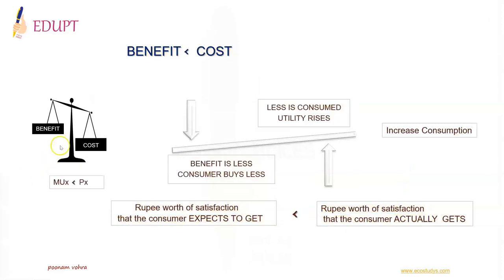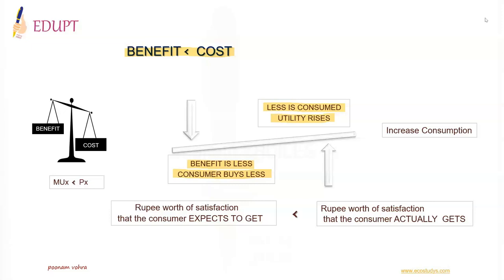In continuation, there could be a possibility that benefit that he receives is less than the cost that he has to pay. In such a situation, the consumer will consume less of a commodity. As he consumes less, utility that he gets will increase. Alternatively, benefit is less. So, the consumer buys less.